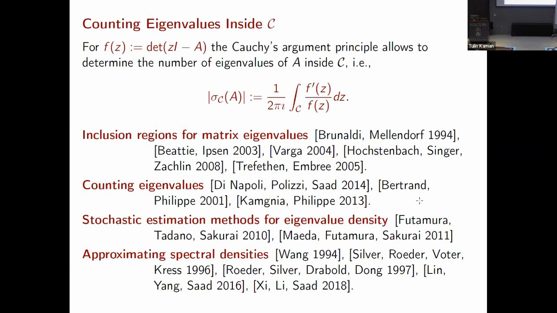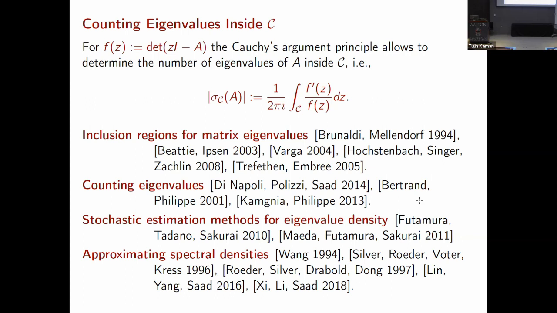One thing which is very powerful already, using Cauchy's argument principle, is this: if you take your function to be the determinant of zI minus A, and use the Cauchy argument principle which I showed before, it tells you that if you can evaluate the contour integral exactly, you can get exactly the number of eigenvalues in the region enclosed by the contour.